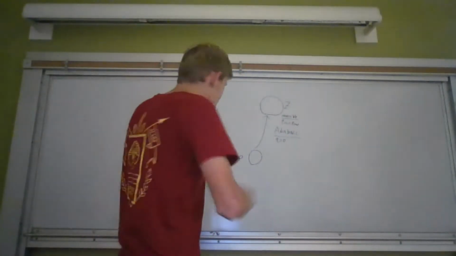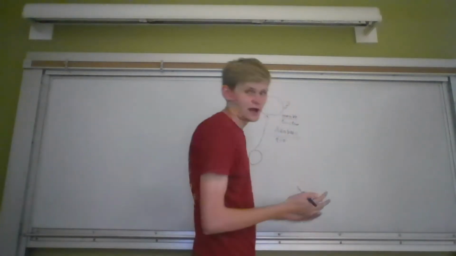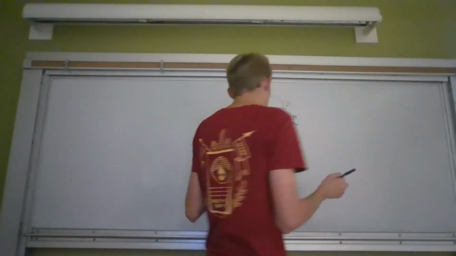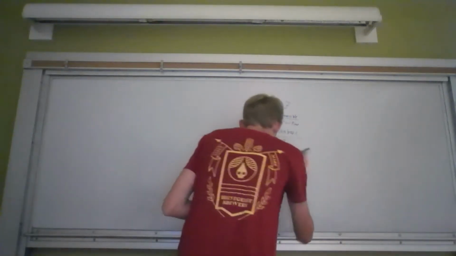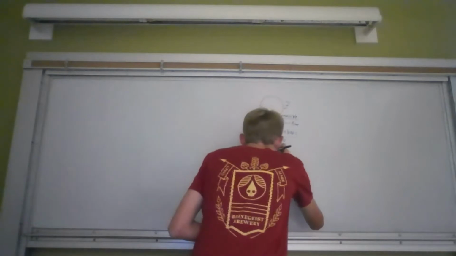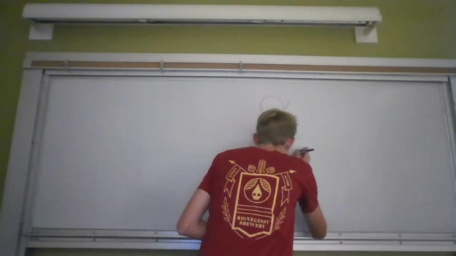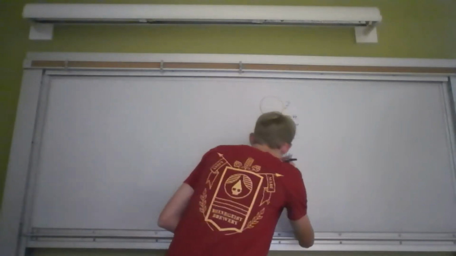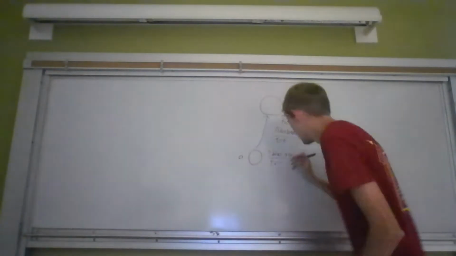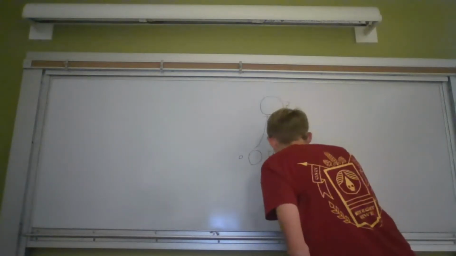And we also are going to assume that this is an ideal gas, so we'll just write down our equation for an ideal gas to find either pressure, volume, or temperature. So we have our pressure times our volume, which is going to be equal to the moles of gas times our gas constant times temperature.